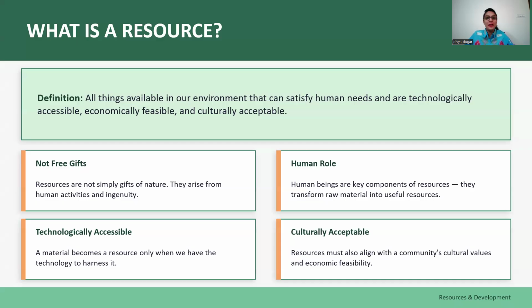Automatically it will not come to you. So in order to extract the gold, we need some technology. That is why a resource is technologically accessible, meaning a resource becomes a resource when technology is added to it.